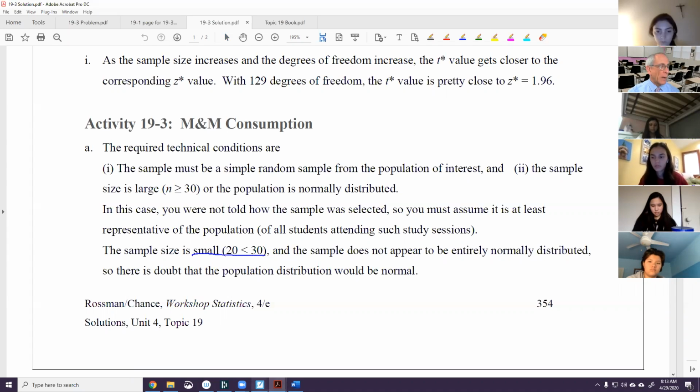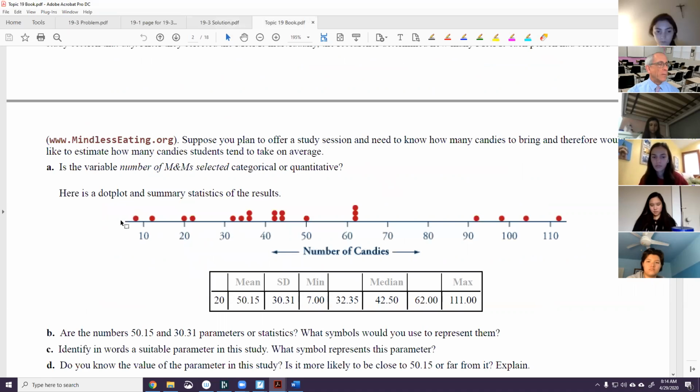So I went back and looked at the picture. This is the picture of the dot plot there. Although it's pretty widely spread out, I would say maybe it's not entirely normal, but it's normal enough.